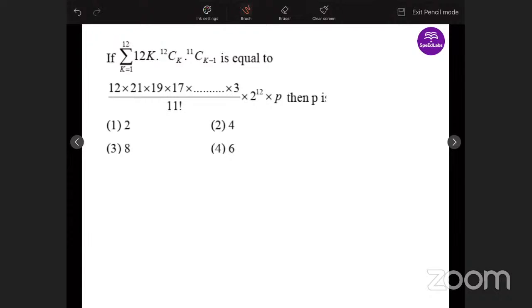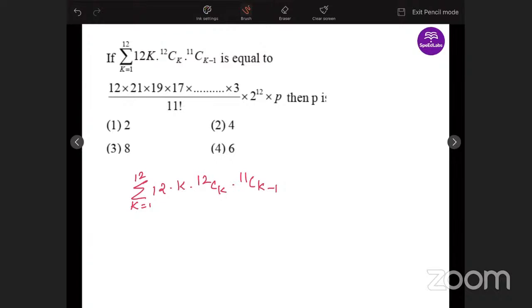ठीक है. As it's given that sigma k, with k running from 1 to 12, 12 times k multiplied with 12Ck into 11Ck minus 1. Right, sir.